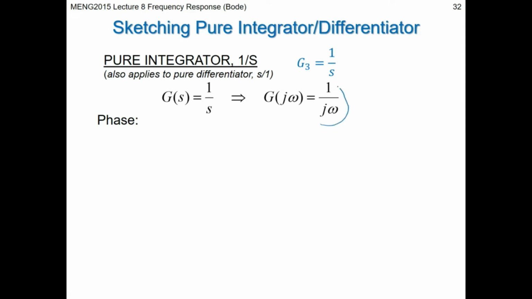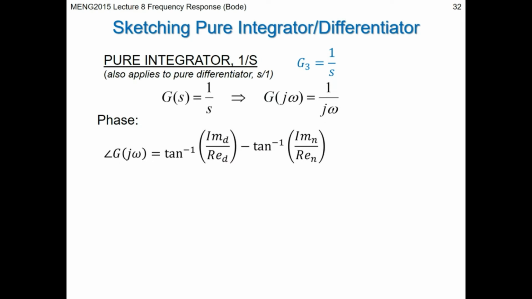This transfer function, however, the pure integrator, is all imaginary. It doesn't have a real part. It's just a purely imaginary element. So what's our phase going to be? We'll take the argument to determine the phase lag, and the argument for a quotient.